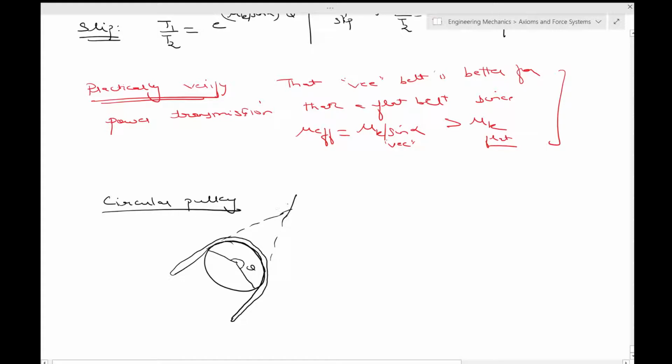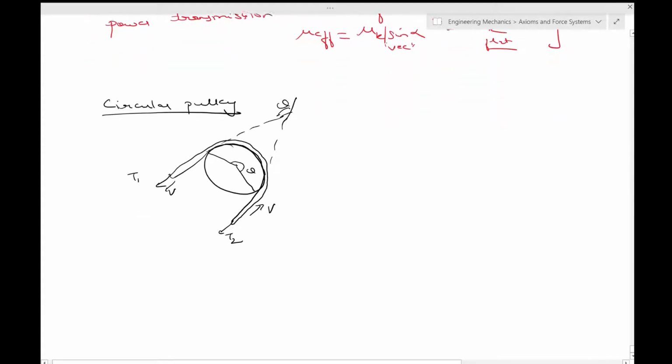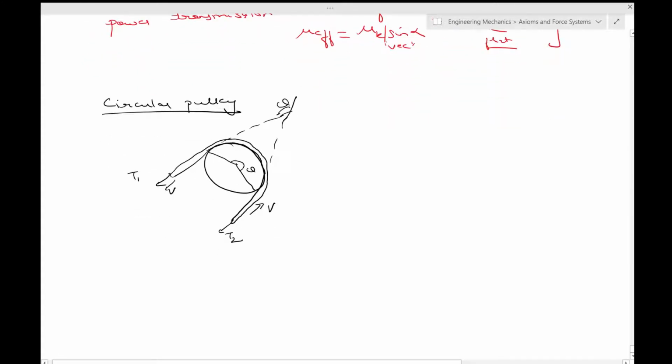Clearly this angle is also theta. This will be T1 with velocity v and T2 with velocity v. So the angle theta is the angle of lap of the belt on the pulley.